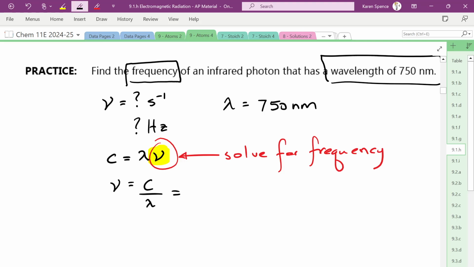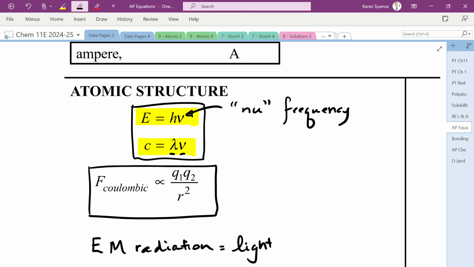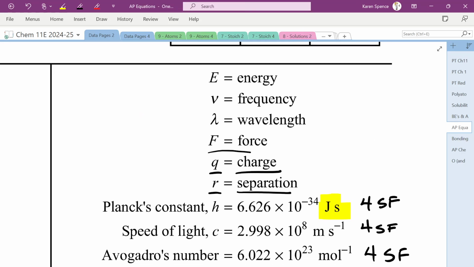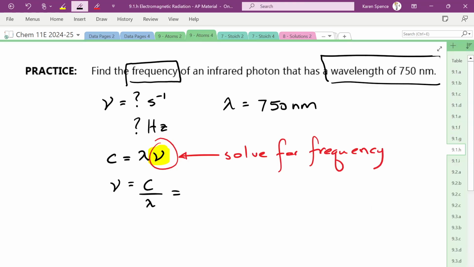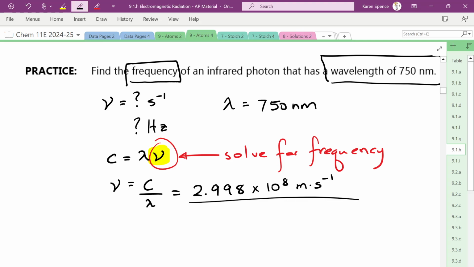So we have C, which is 2.998 times 10 to the 8 meters per second. I'm going to write meters seconds to the -1 because that just makes it tidy for me.